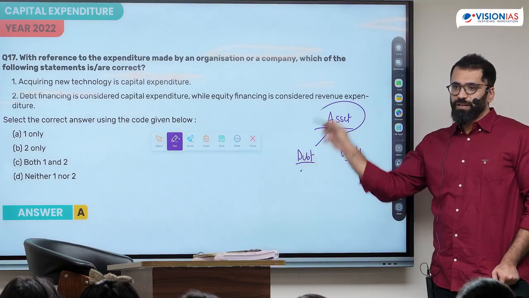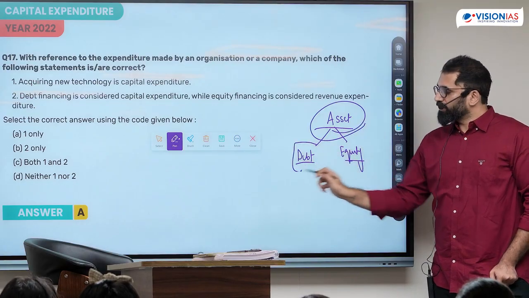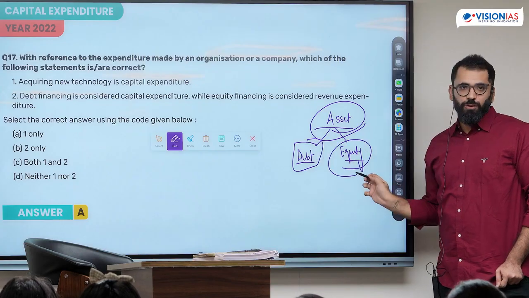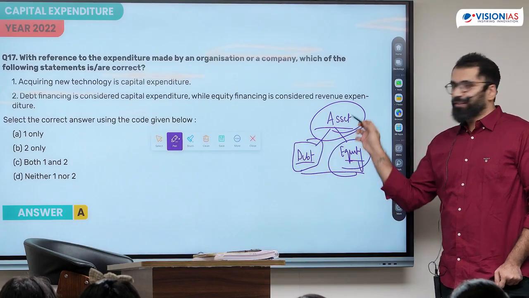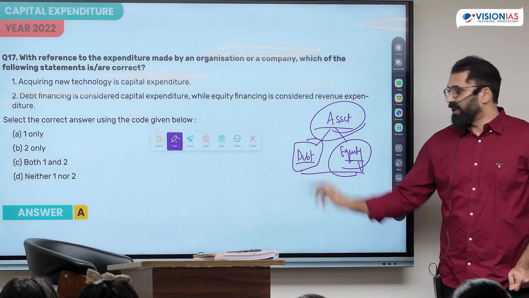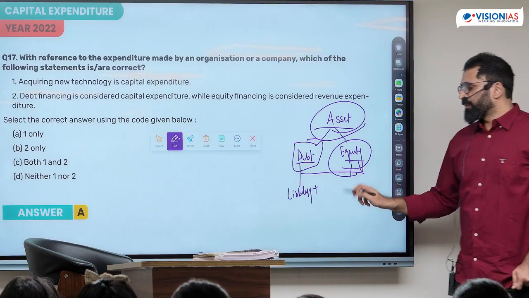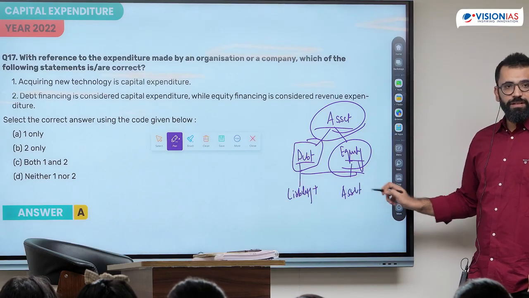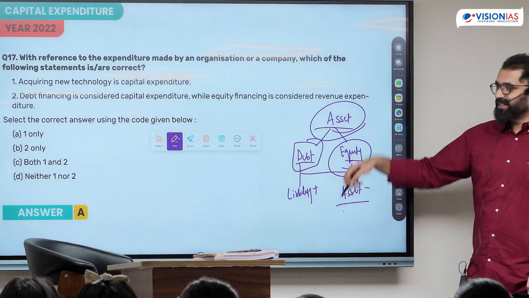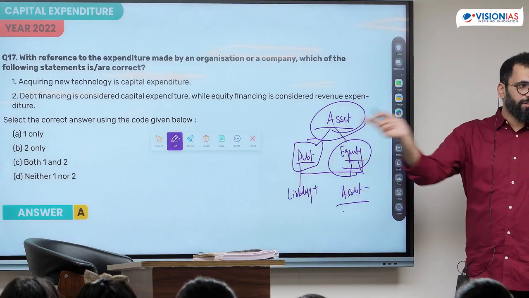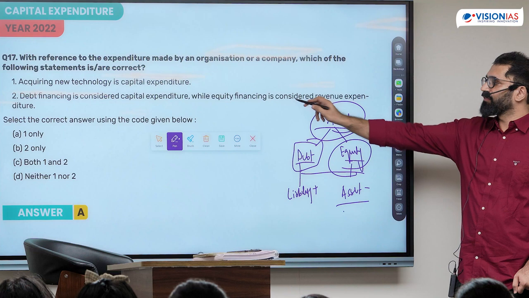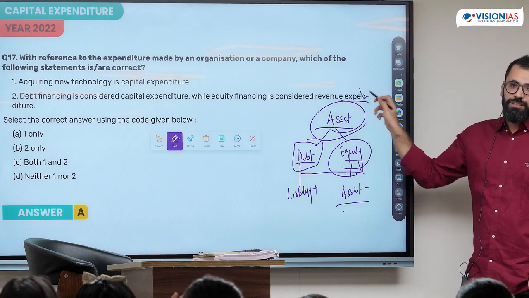This is how I can build the asset. Now, if I take a debt or change the ownership structure, both ways there is an impact on asset or liability. Here my liability will go plus and here my asset will go minus, right? Both ways it is capital. It is not revenue. So this statement, equity financing is revenue, is incorrect.